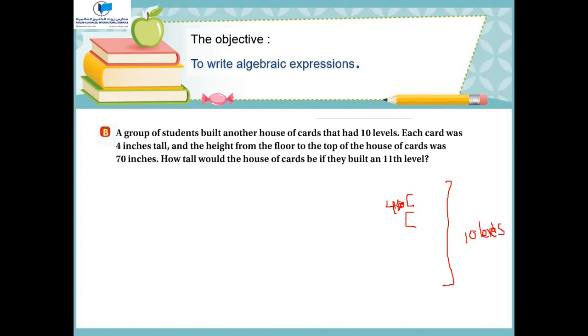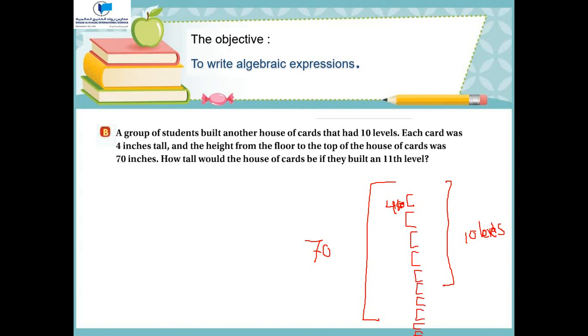And they are saying that the height from the floor to the top of the house of cards was 70 inches. So all of this is 70 inches. These are 10 levels: 1, 2, 3, 4, 5, 6, 7, 8, 9, and 10.